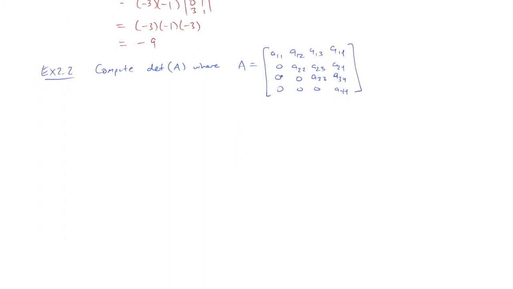Okay, so triangular means there's zeros in a triangle, and we have these zeros in the lower left corner of this matrix. So we're going to use cofactor expansion along the first column. So this will be our first coefficient, and then we'll take the determinant of the submatrix formed by the remaining elements.